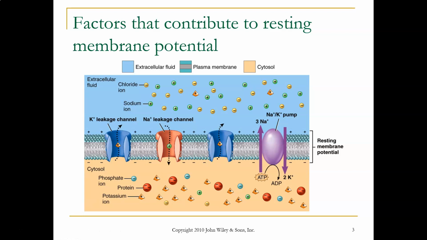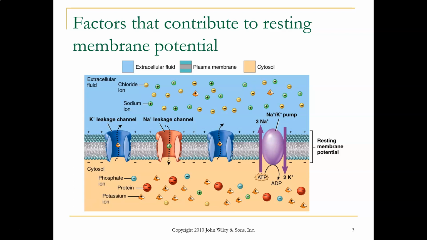These leakage channels help because, look at the picture closely, there are more potassium than sodium leakage channels. So this means that more potassium can diffuse out of the cell than sodium can diffuse in. And again, if you don't worry about whether it's sodium or potassium, just think about the charge. Like with the pump, more positive charge is leaving than coming into the cell.